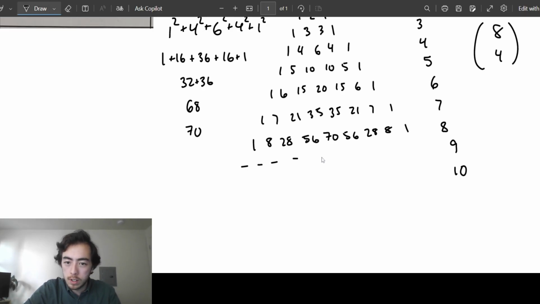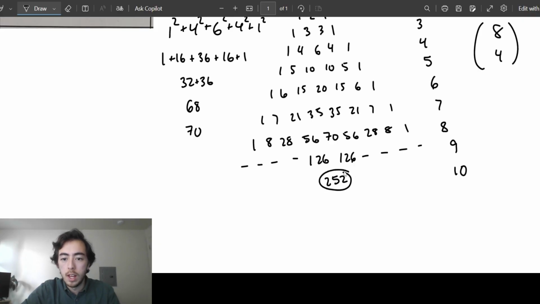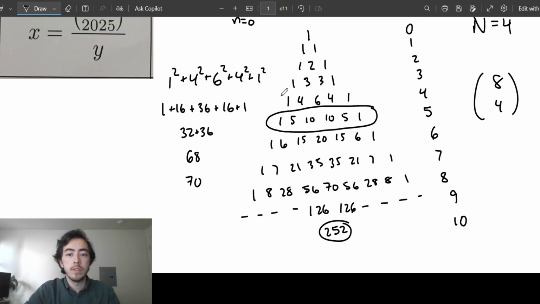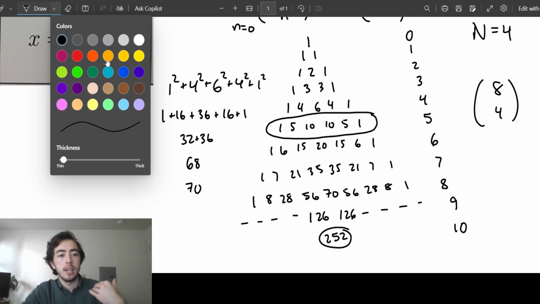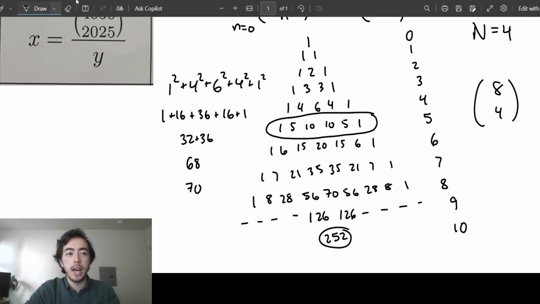I just want just enough to figure out what this number is. 56 plus 70 is 126, so that's another 126, and adding these together does give me 252. And then the idea is that if I square all of these values and add them up, I should get 252.